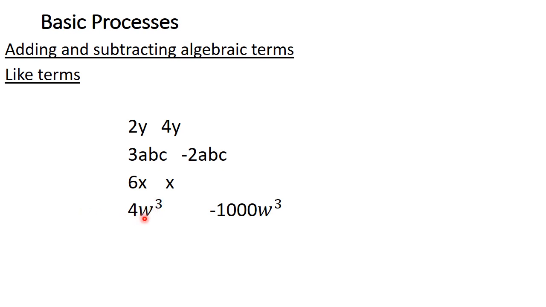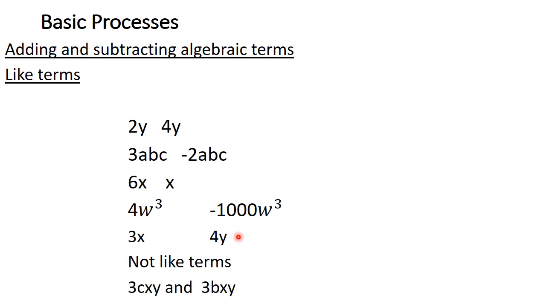What I'm trying to emphasize here is that if they are like terms, then even the power should be the same. w^3 is a like term to w^3, not w^2, not w^10, not w^100. Examples of terms which are not like terms are 3x and 4y. Here the coefficients are different and the variables are different, so these are not like terms.